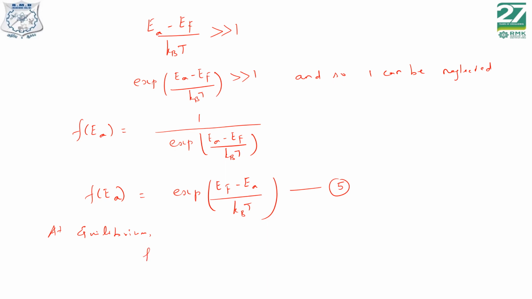So simply speaking, hole density is equal to electron density. Okay, the location is different, that's all. That is number of holes in the valence band as a holes density. Then number of electrons in the acceptor energy level, that only is electron density.